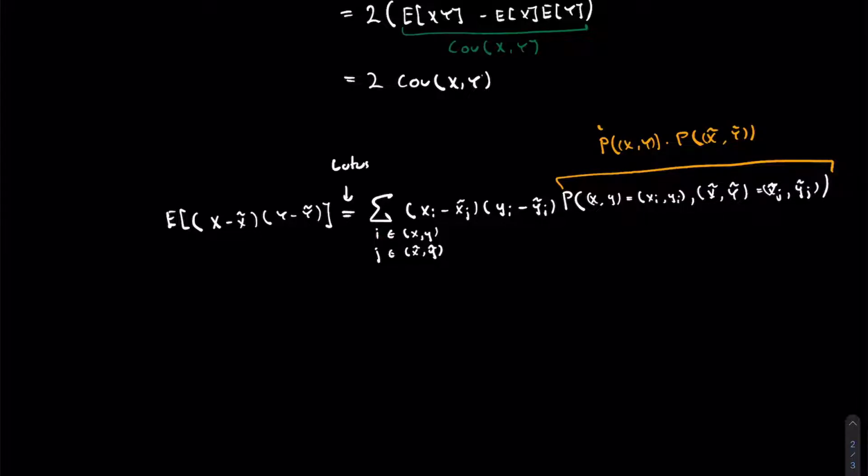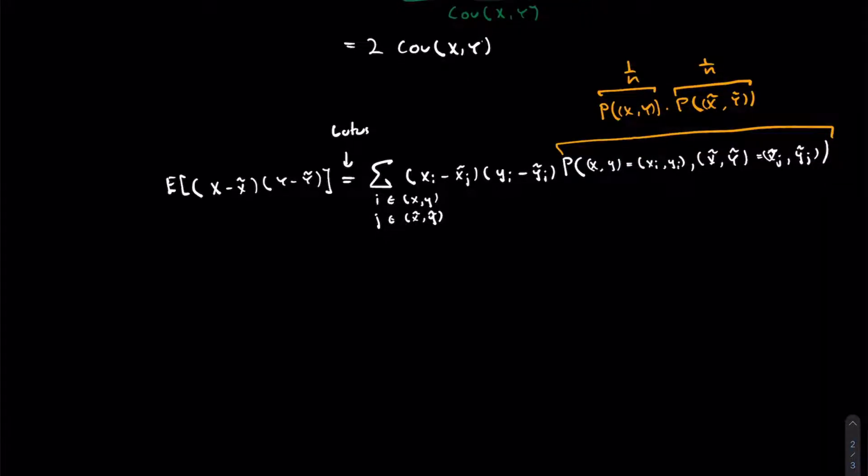So this probability here is 1/n. And the same logic goes for this one. This is also 1 over n. So the whole piece here is just 1/n times 1/n. Okay, so now we got rid of this little complicated thing here.